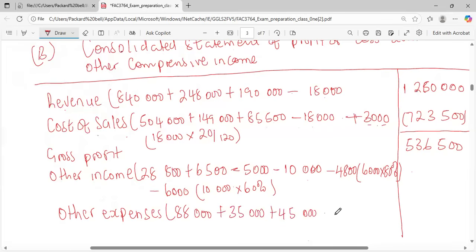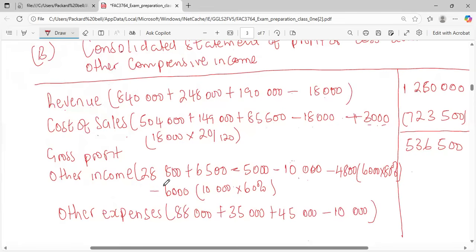Then we minus the management fee. Do you see the management fee is the double entry here? We eliminate it from other income because the other party received it. So we take it out from the other income. Then the other party, who is taking it as an expense, we also have to eliminate it from there. So that's basically what you do when you are doing a double entry.